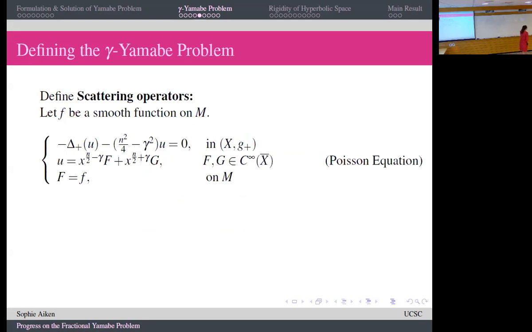And so now we can consider any smooth function little f on my boundary, and define this Poisson equation.